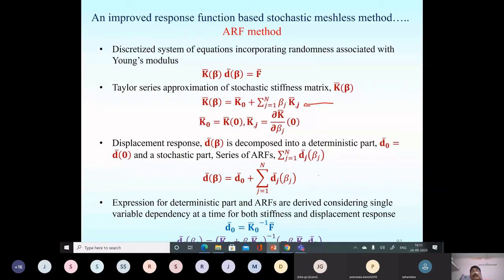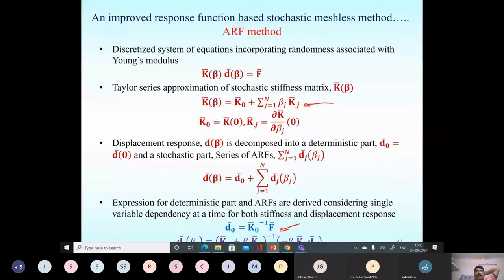This is how the ARF method has been implemented, and it's an effective method, and you can use Monte Carlo simulation. You get an explicit expression in terms of beta, so you don't need to set up this equation and solve it every time. You can directly simulate this particular function alone. So you don't need to do an FEM simulation every time. That is the beauty of this, and you can save a lot of time.